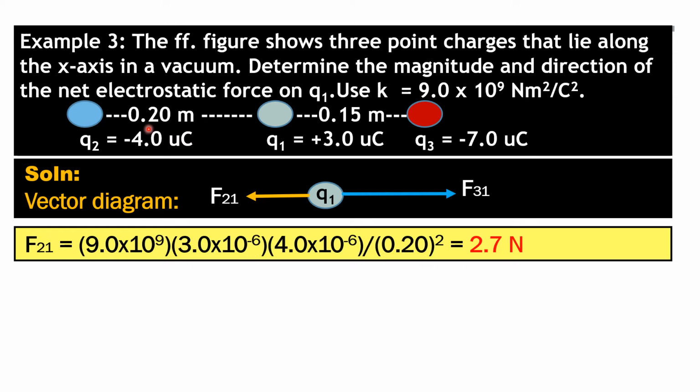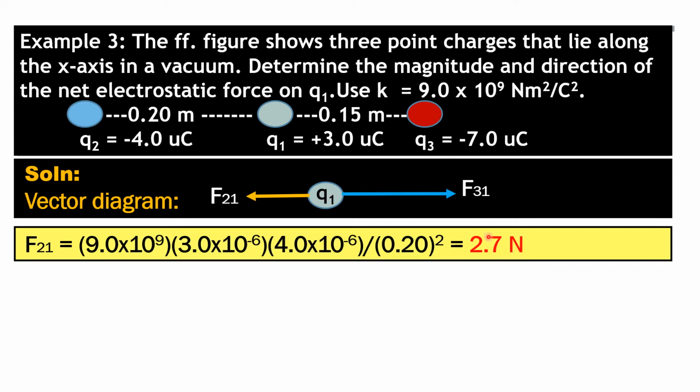And that happens to be 0.20 meters. Got to square that. And then again, with the help of your calculator, you will get for the value of F21 2.7 newtons.